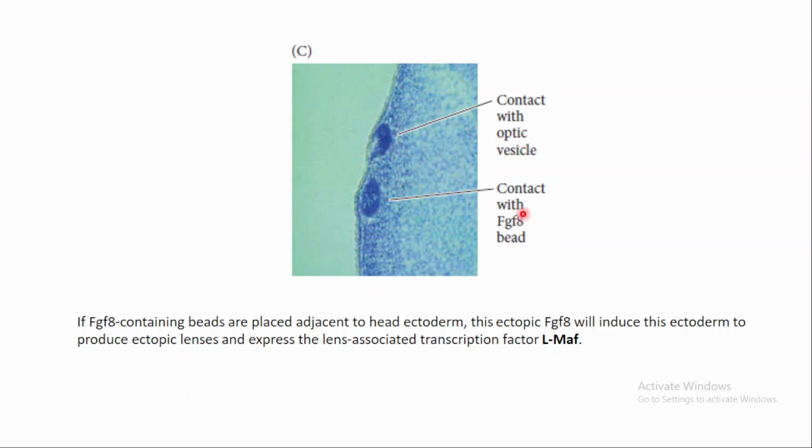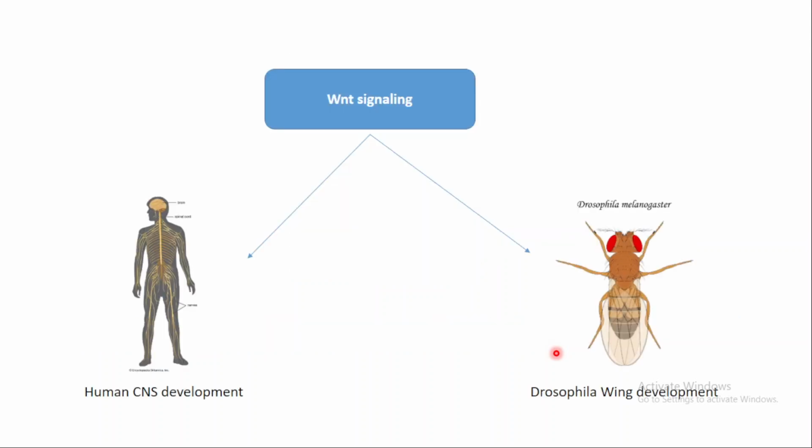While with contact with an FGF8 bead without the optic vesicle, even if we do not have the optic vesicle, we can just place the FGF8 bead and induce a lens placode, because FGF8 is the molecule that is secreted by the optic vesicle, which leads to induction of the transcription factor L-Maf, a lens placode specific transcription factor, which can guide the formation of lens. So statement 1 is true.